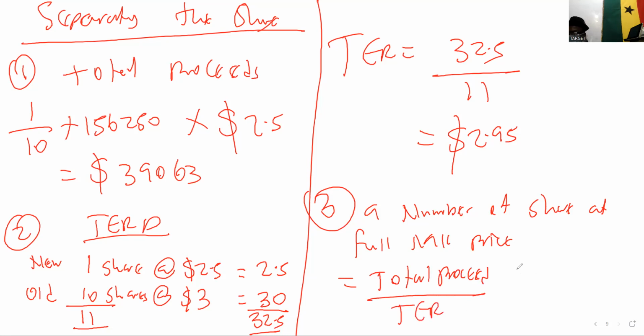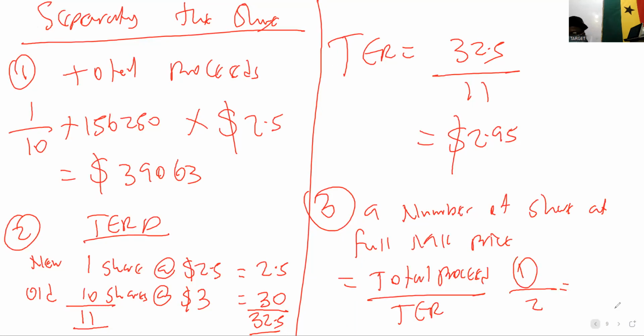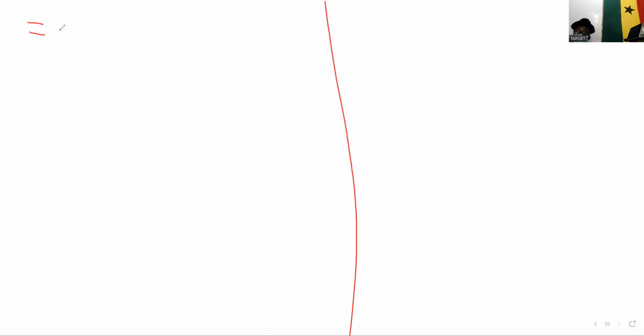In other words, step 1 divided by step 2. So what's the total proceeds? 39,063 divided by the TEP, 2.95. So what do you get?